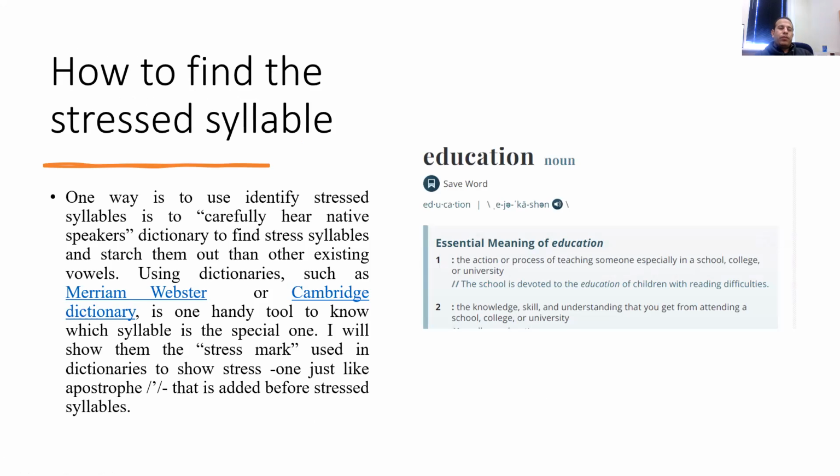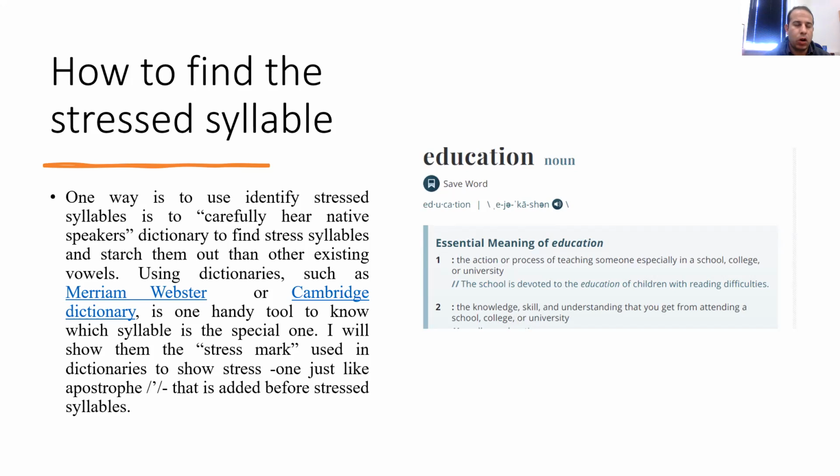So how can we find the stressed syllable if we don't have one clear rule about the place of the stressed syllable? How can we find it? An easy way to find the stressed syllable is to listen to a native speaker carefully.